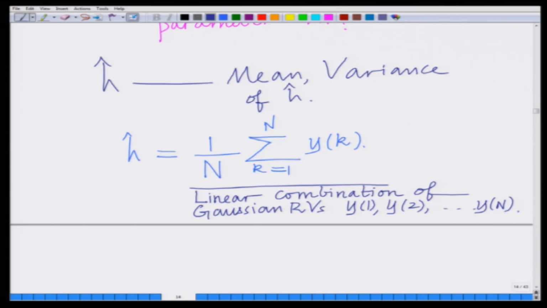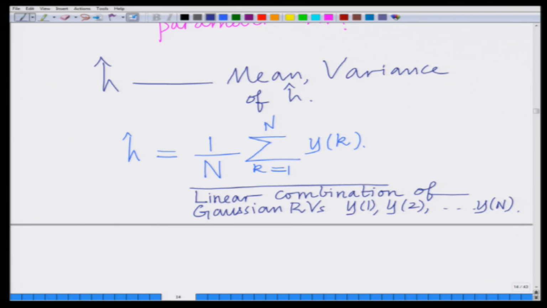Remember, we started in the very first module itself, we said that each yk is Gaussian in nature, because the noise Vk is Gaussian in nature. You are shifting that by the constant mean, that is h. Therefore, each yk is also Gaussian in nature.